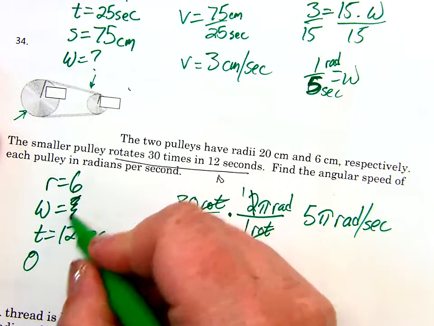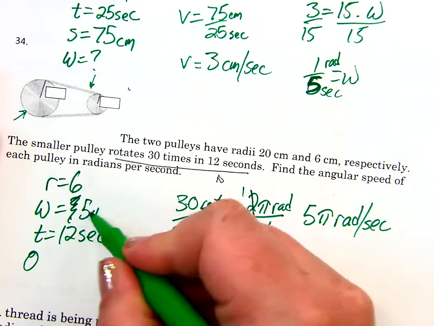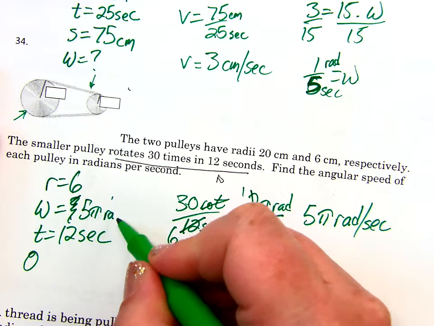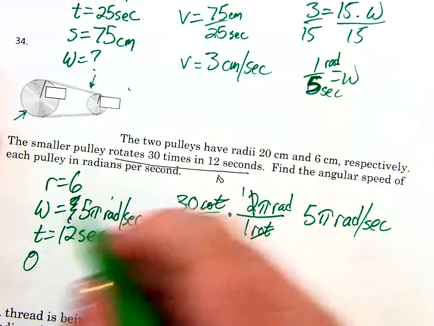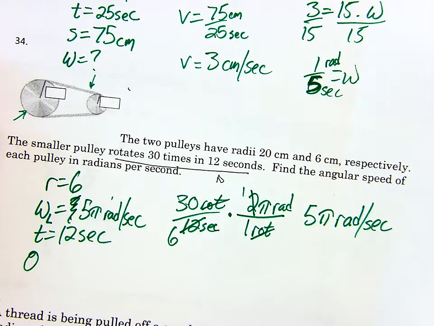So now I know W, 5 pi radians per second, but that's for the little one. Now let's see what I need for the big one. What is the same for the little and the big one?